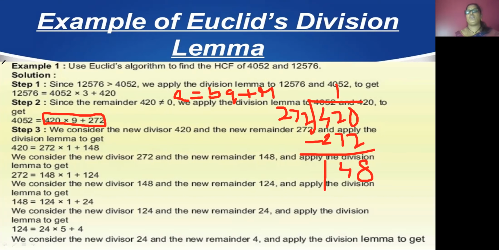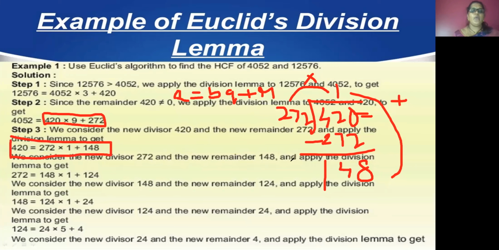So now you got 148. How will we write it? 272 into 1 plus 148 equals 420. Yes? Understood, all of you?